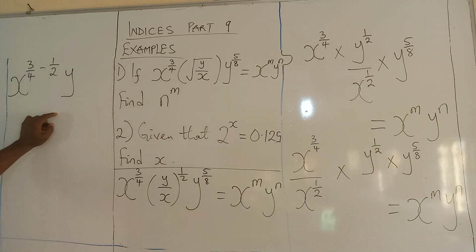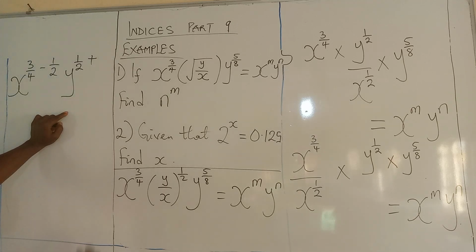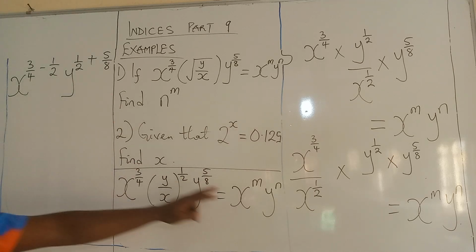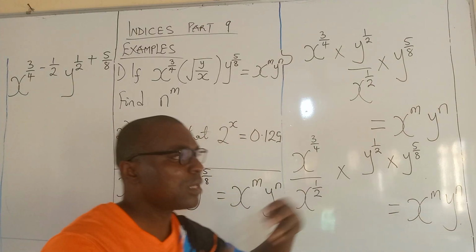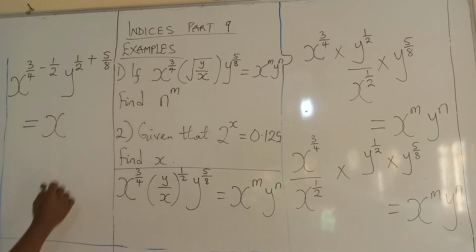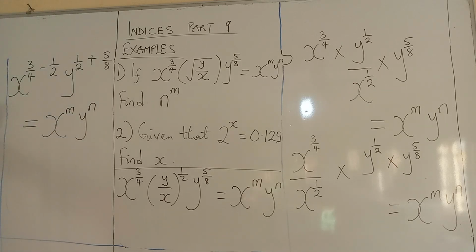Then y raised to the power of 1 over 2 plus 5 over 8, because the bases are the same and it is multiplication, we add their powers. And that is equal to x raised to power m, y raised to power n. Okay, 3 over 4 minus 1 over 2. We can solve that.